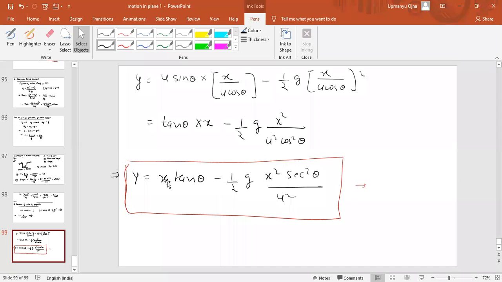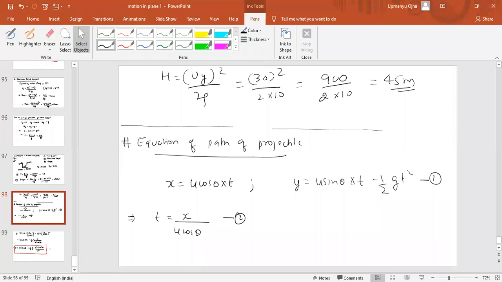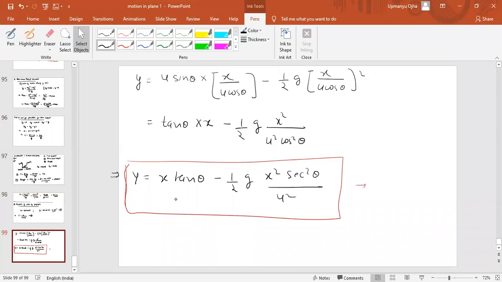Y is also a displacement here, not a distance traveled, because we found it from the equation of motion, and in the equation of motion it is displacement, not distance traveled. Okay, fine. Let us do some problems based on this. So that is the equation of projectile.